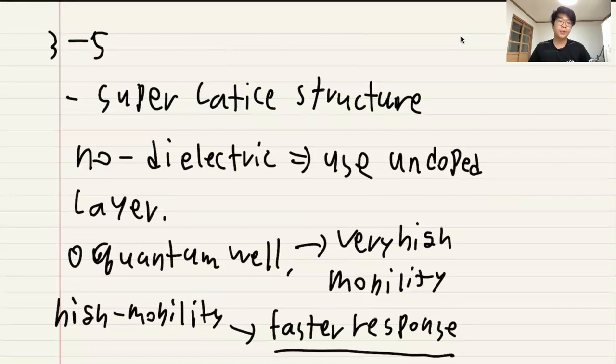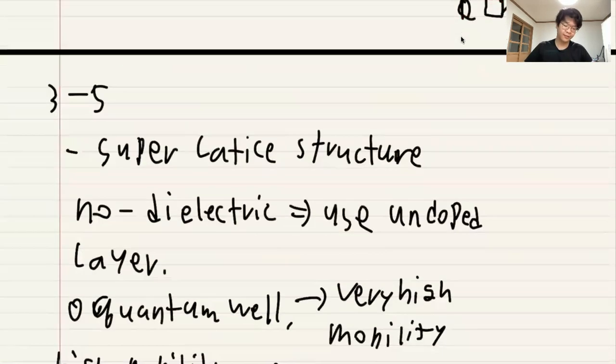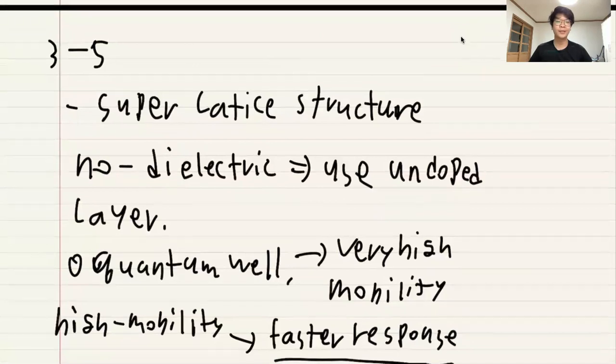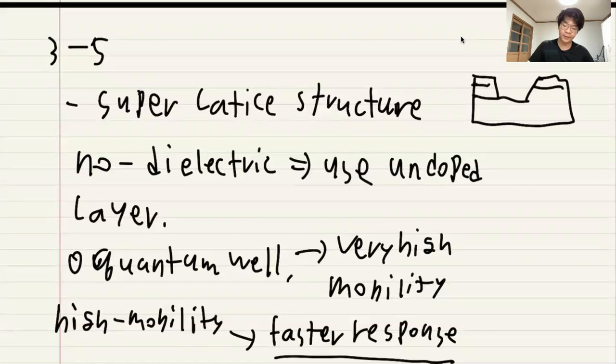And also we use 3-5 materials. 3-5 materials have superlattice structures. This is like a MOSFET structure, but there are a lot of layers with different heterostructures.